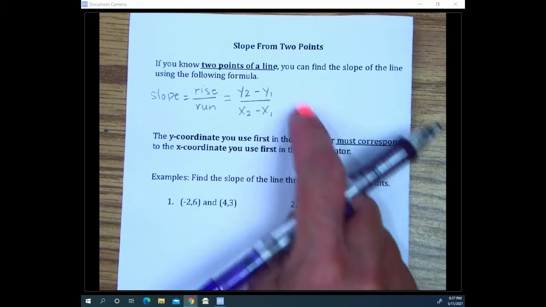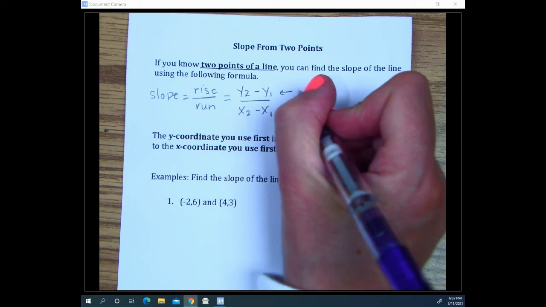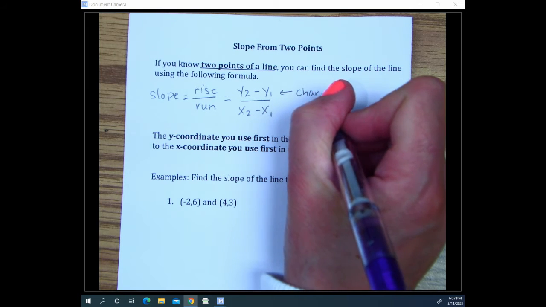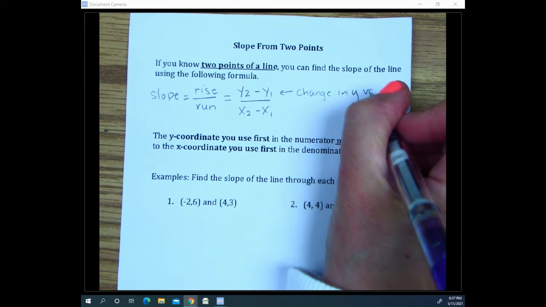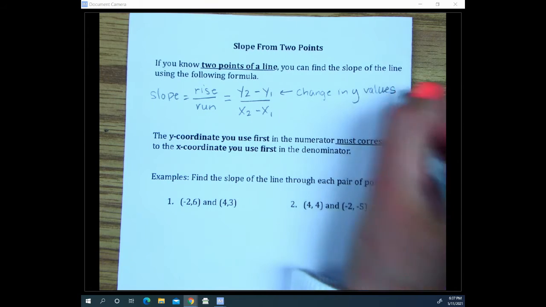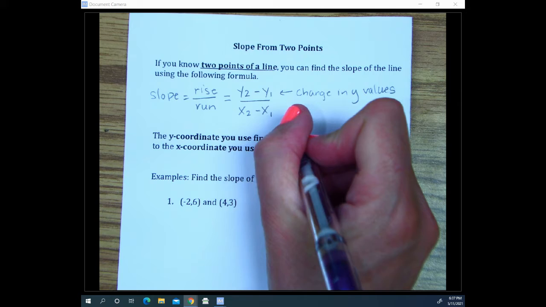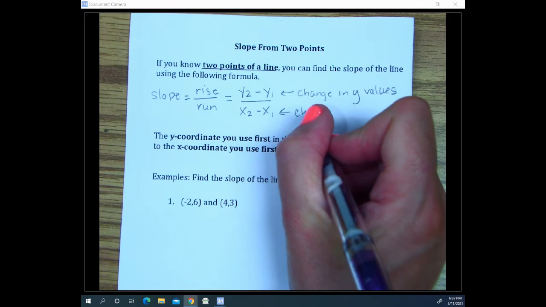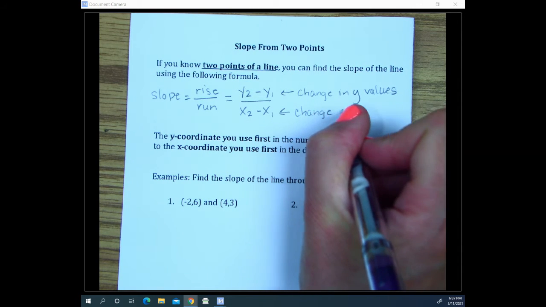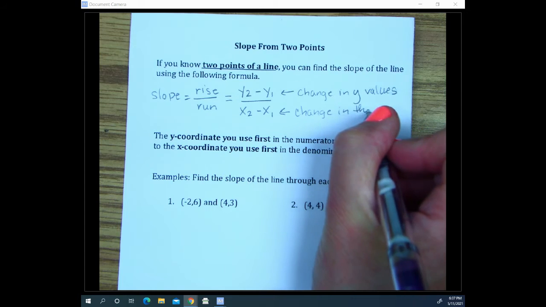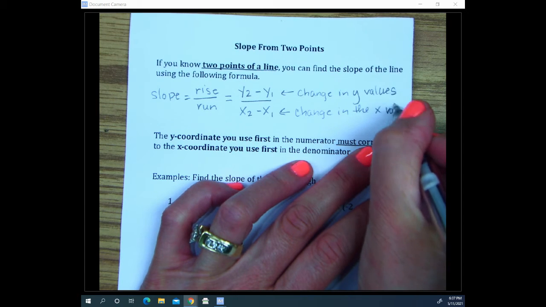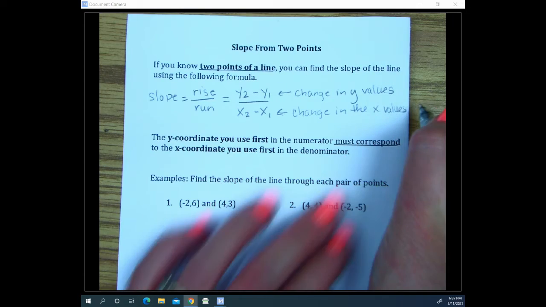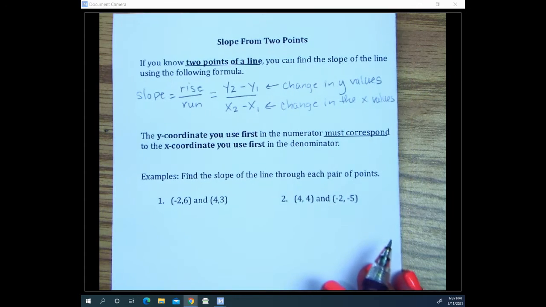And all that means is this is the change in the y values, or the rise, and this represents the change in the x values, or how far to the left or right we went.